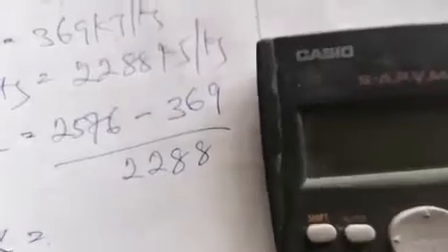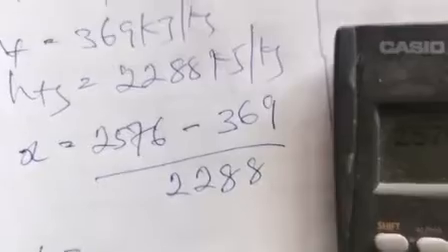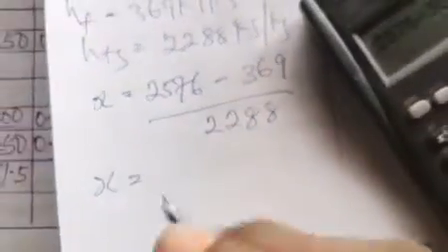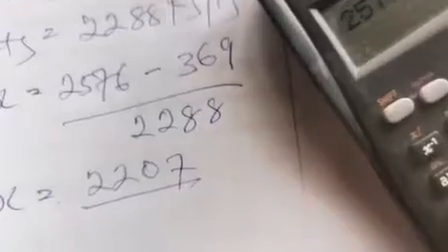So dryness fraction x is equal to 2576 minus 369. That simply gives us 2207. So we'll have 2207 divided by 2288.